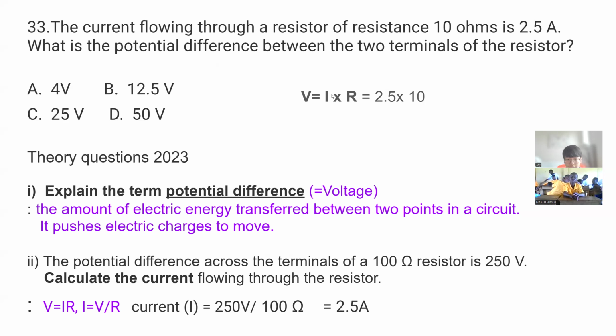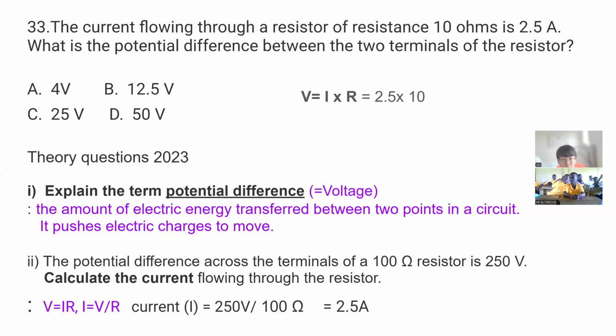So this is another important formula. Something you need to memorize is V equals I times R. V equals IR. Always have that in mind, since the question can ask you the current and the resistor and ask you to find the potential difference.